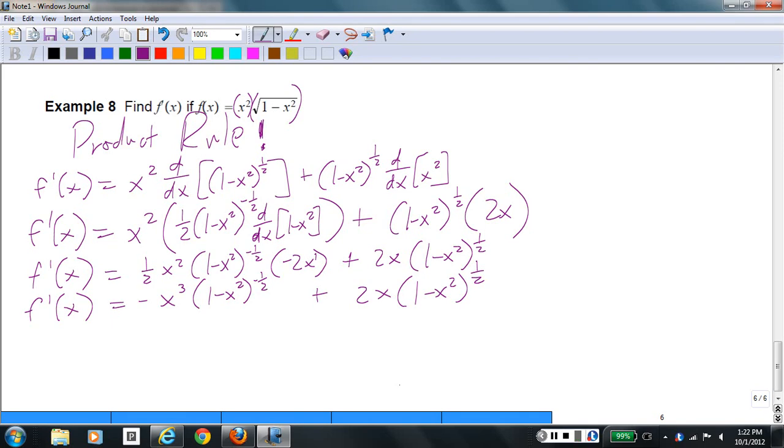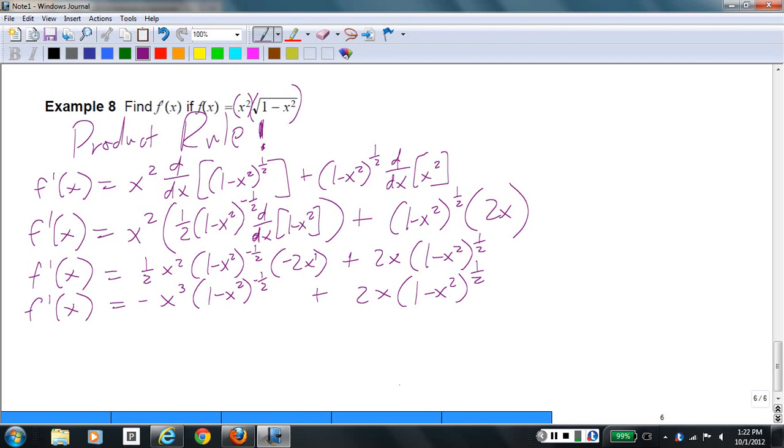It's a common thing to take the derivative, set it equal to 0, and solve for x. It's a lot easier to deal with an expression set equal to 0 if it's in factored form, rather than right now it's the sum of two expressions. So I want to factor out a common factor.